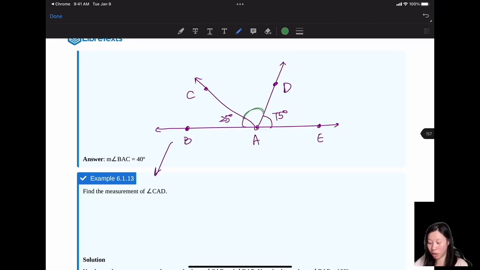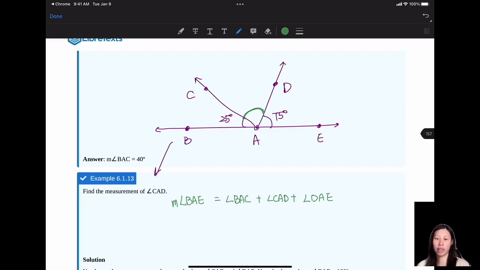The measurement of CAD is the middle angle, right? So this is the same idea: not just two angles can form a straight angle, these three angles actually form a straight angle. So we can say the measurement of angle BAE is formed by three small angles: angle BAC plus angle CAD plus the right angle, which is DAE.